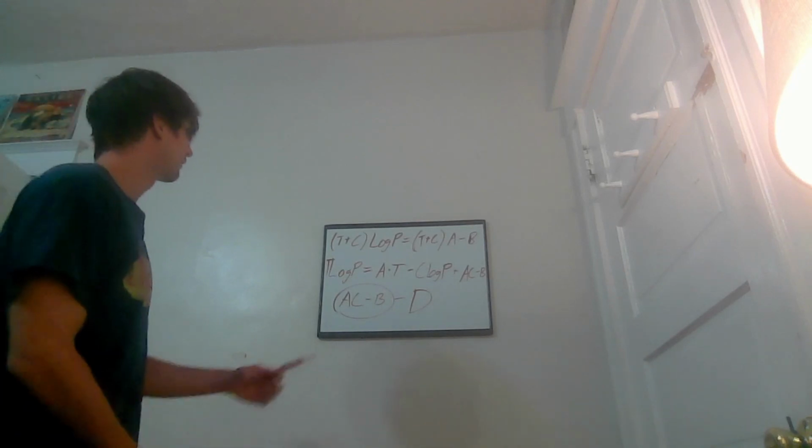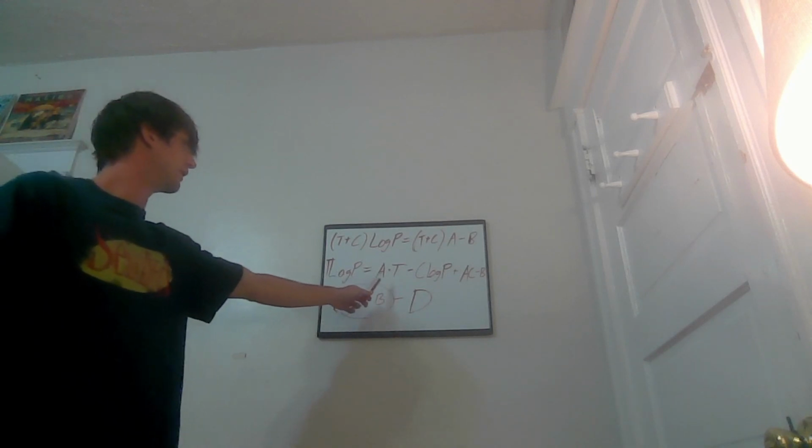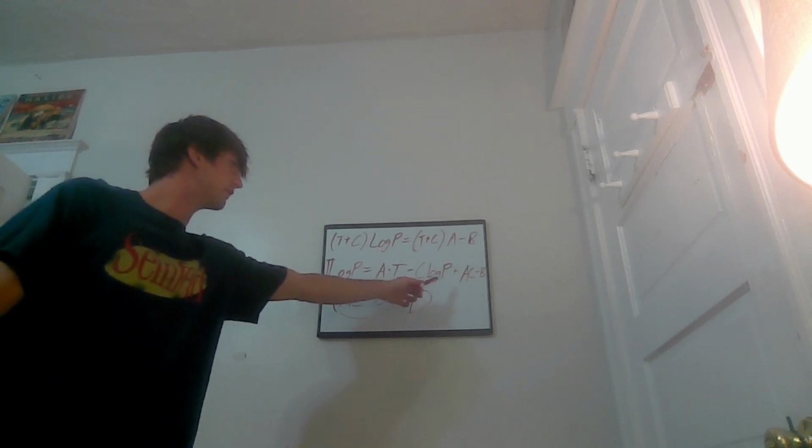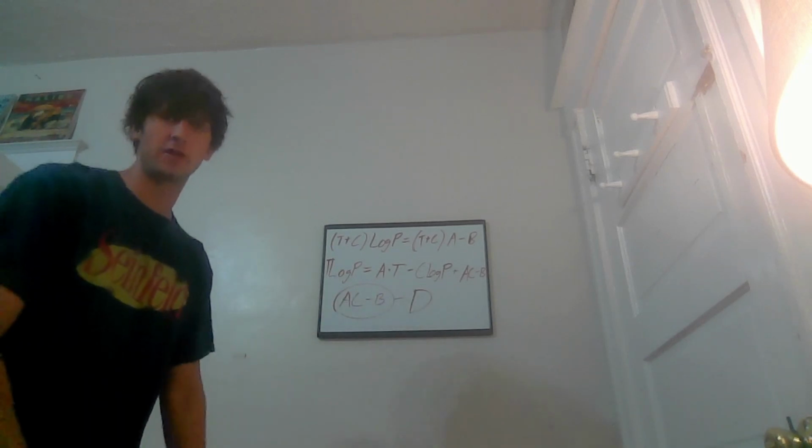So you have your T plus C on both sides. This takes it into A times T minus C log P plus AC minus B, and that's just going to turn into our variable D.